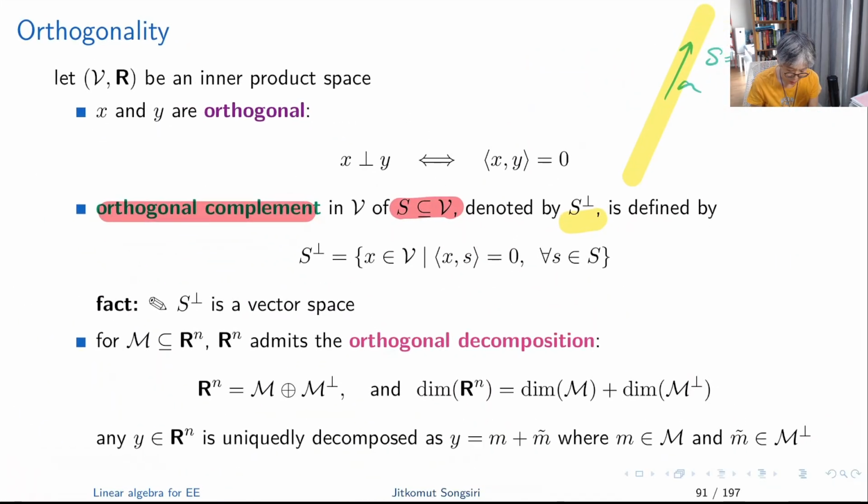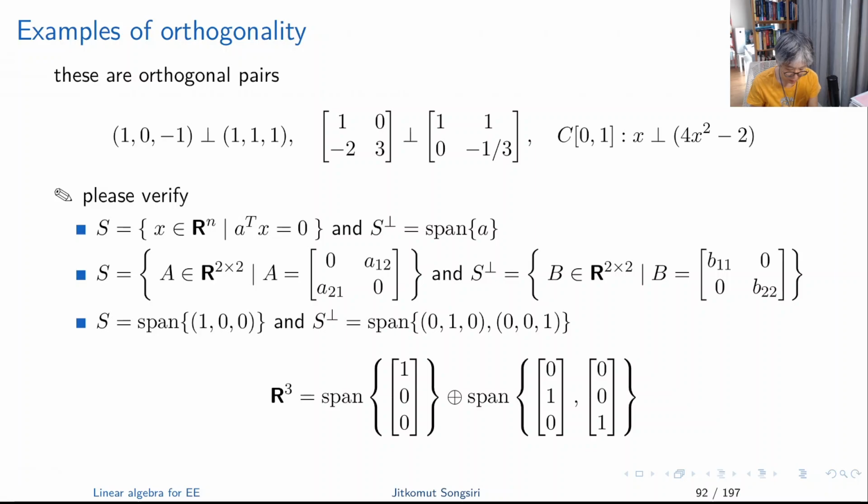Now let's take a look at the other way around, okay? This is a new example. My S just says that my space S is any x such that A transpose x equals 0. How does this space look like? It's gonna be, in Rn, a hyperplane, right?